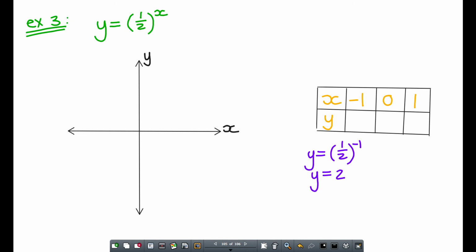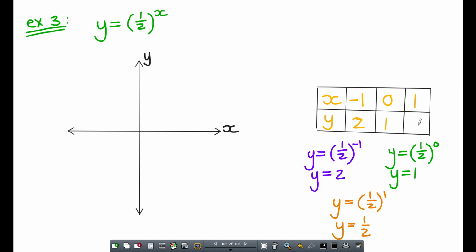So then it's 2 over 1, which is 2. Kom ons kyk gou as x 0 is, then I've got a half to the power of 0, and anything to the power of 0 will still be 1. Then the last one, if x is 1, now a half to the power of 1 will still just be a half.